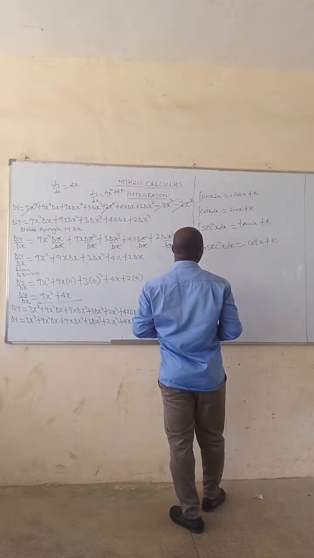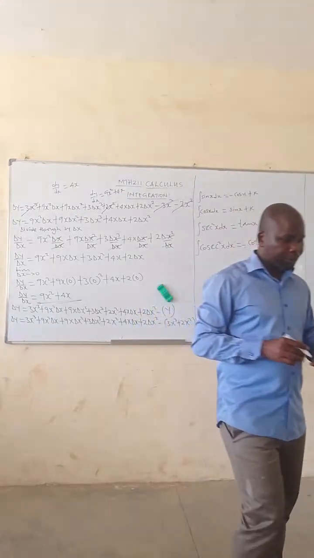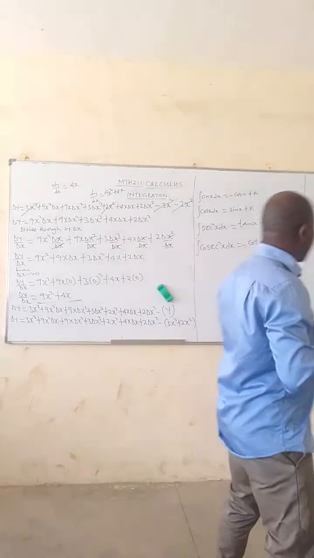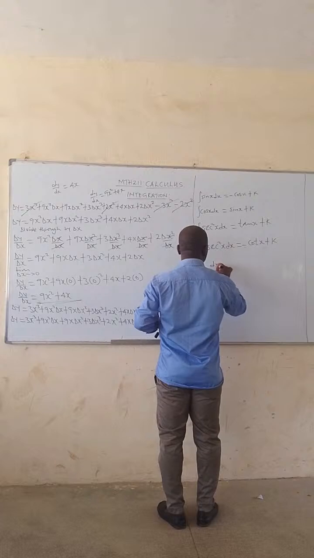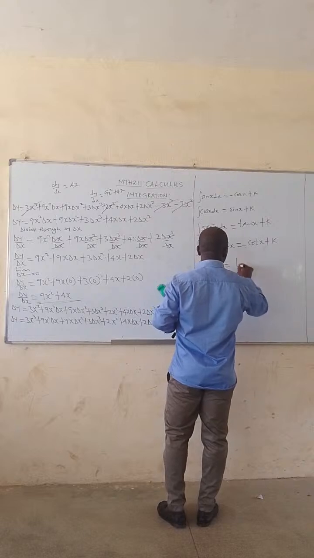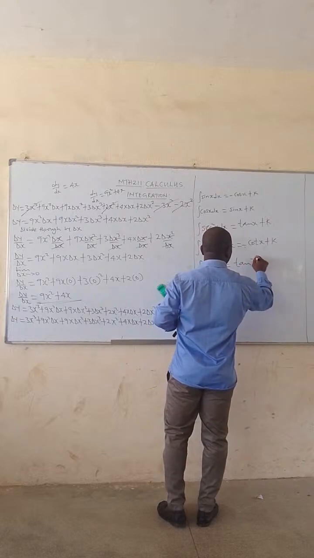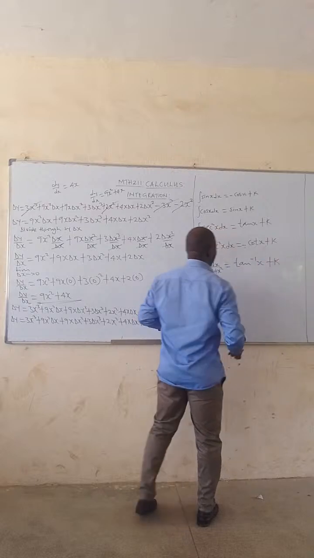Then integral of dx all over 1 plus x squared equals tan inverse of x plus the constant.